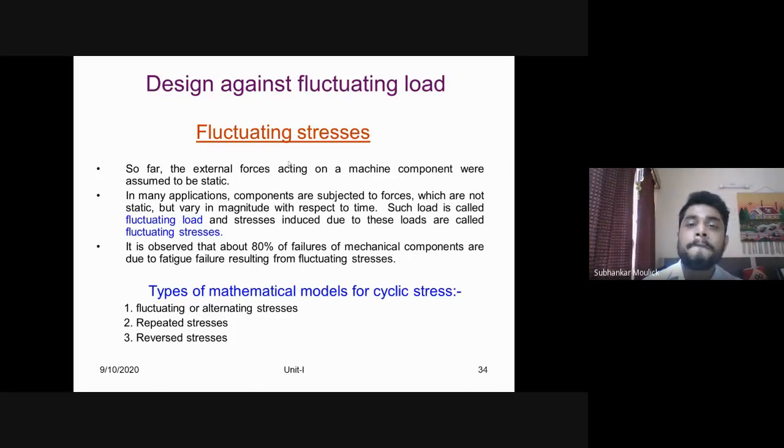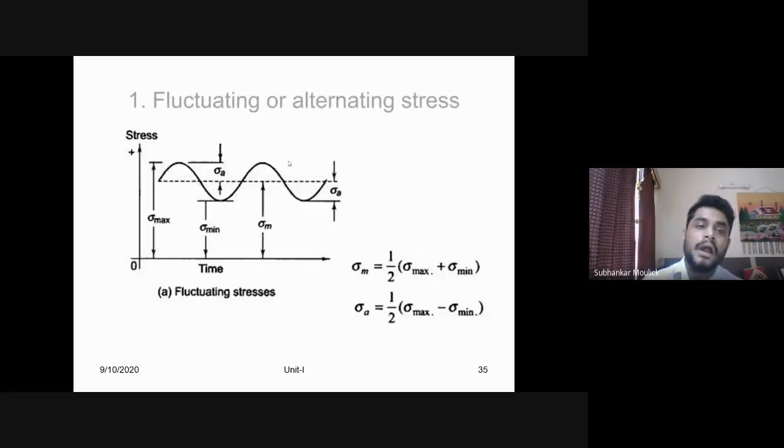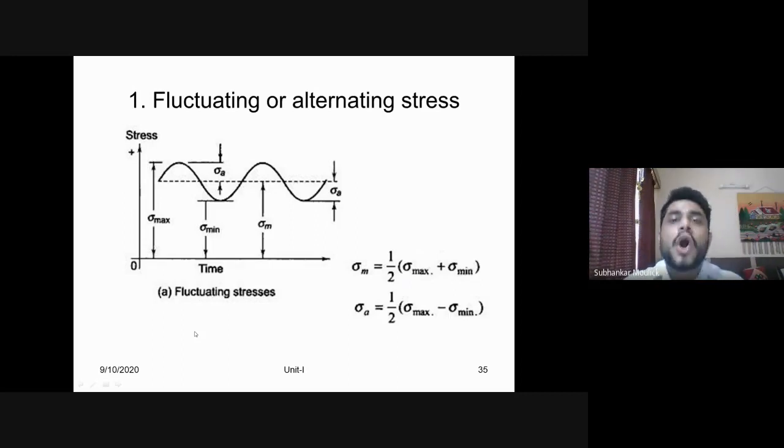Now what are these things? Let us understand from a stress versus time curve. This is a stress versus time curve for a machine component which is failing due to fatigue. Now, this dashed line is your mean stress line, sigma mean. For fluctuating stress, the stress needs to fluctuate above and below this mean stress line. From the origin to the maximum peak point is the maximum stress.